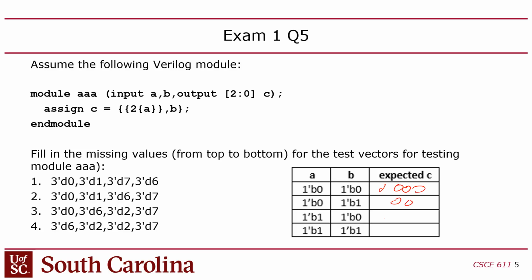So likewise, 0, 0, 1, 1, 1, 0, 1, 1, 1, right? So the answer is 0, 1, 6, 7. I just converted these binary values to decimal because we're using decimal here in the answer. So 0, 1, 6, 7. Does that make sense to everyone?